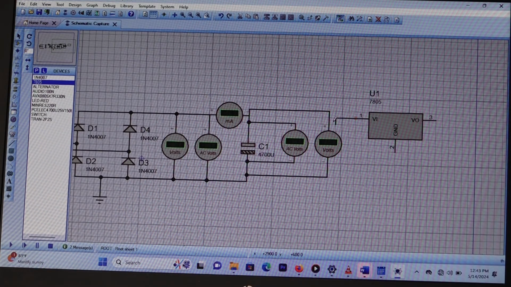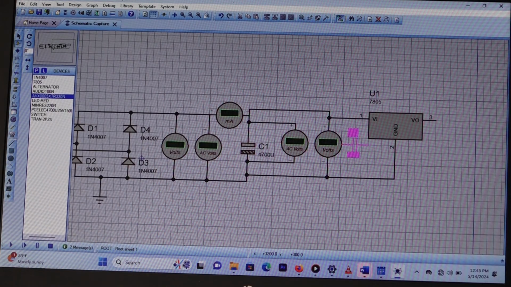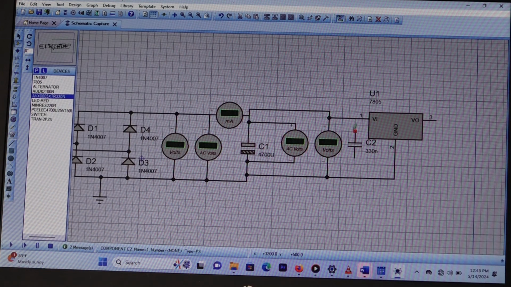So this is the ground terminal. This is the input terminal, this is the ground terminal, this is the output terminal. Then we need a ceramic capacitor of 330 nanofarad. So this is the capacitor. Let us rotate it. It does not have any polarity.